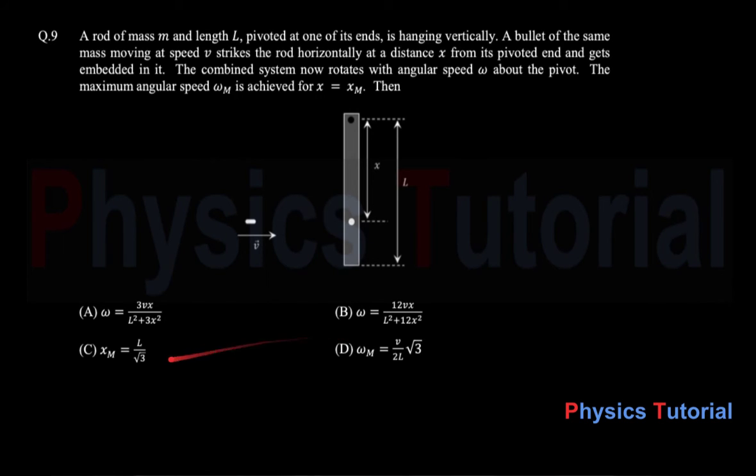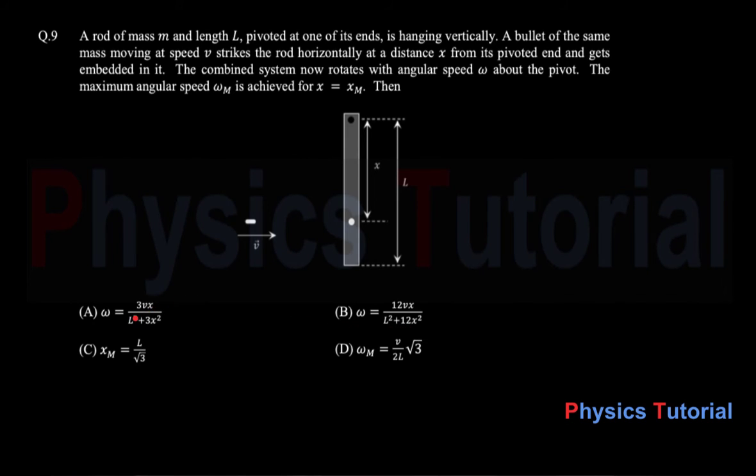For the C and D options, you have to find capital X m and capital omega m, that is, the maximum angular speed, achieved for x equal to x m. This maximum means you have to apply maxima and minima, so you differentiate omega in terms of x.